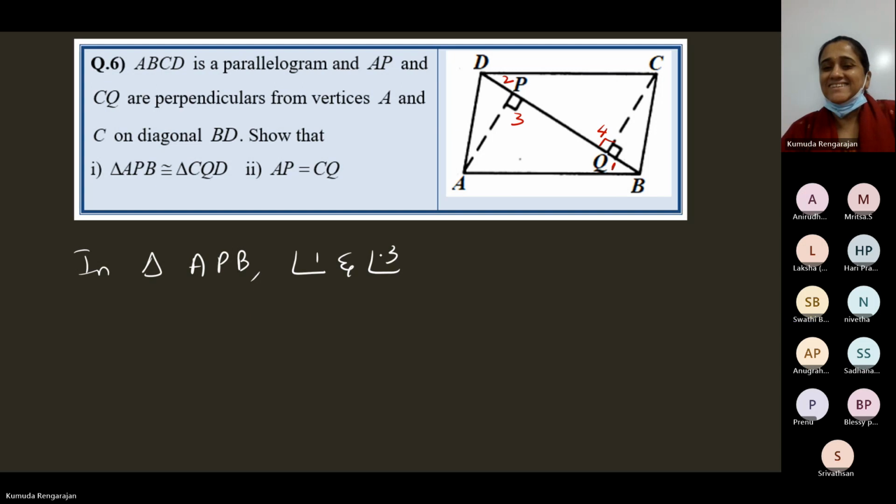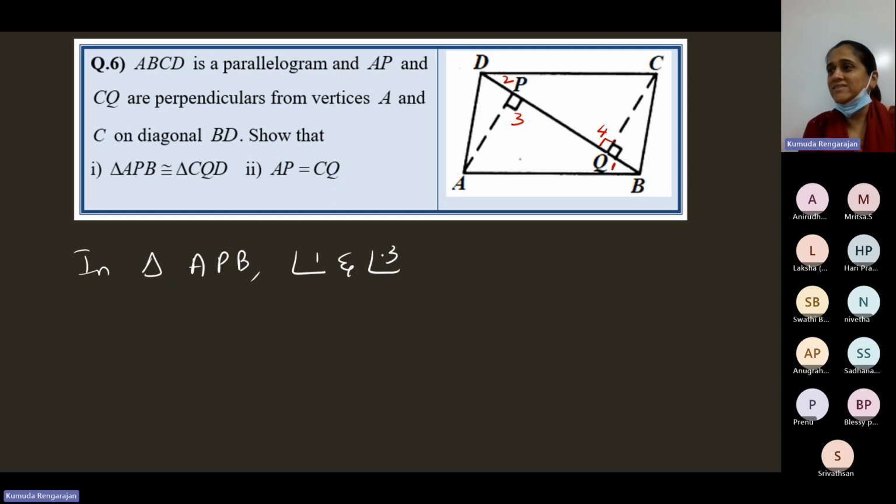PB, ma'am. No, which is the included side? PQ. PQ is not a side of the triangle at all. Okay, where is angle 1 formed?